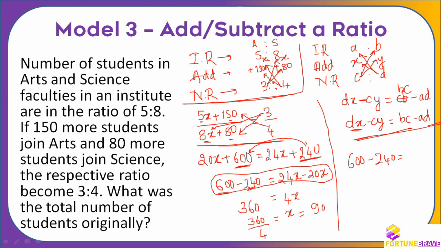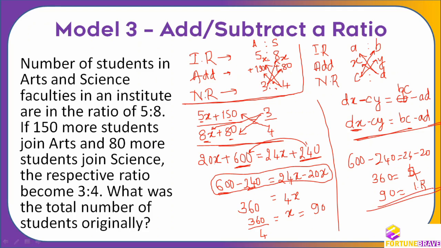So this is b into c. So 24 minus 20, 4 into 5x, so this means 4x is equal to 360. Therefore, 1 ratio is equal to 90. This is how you can solve it.